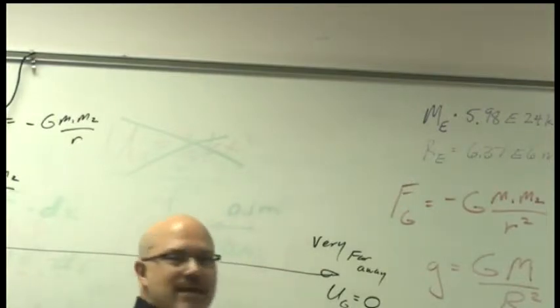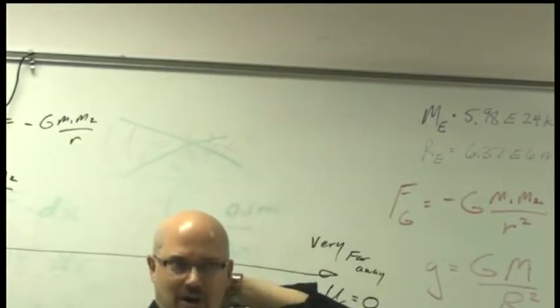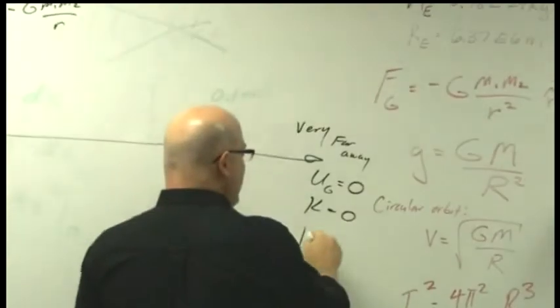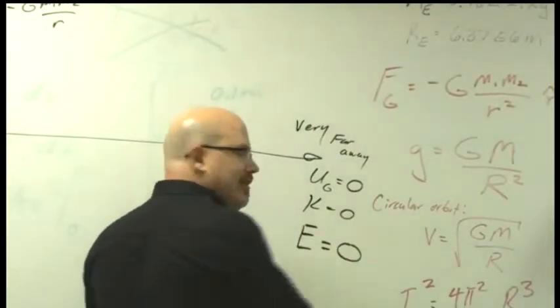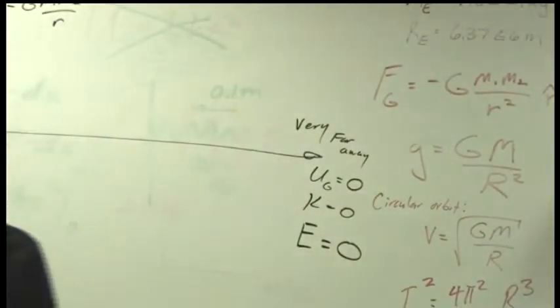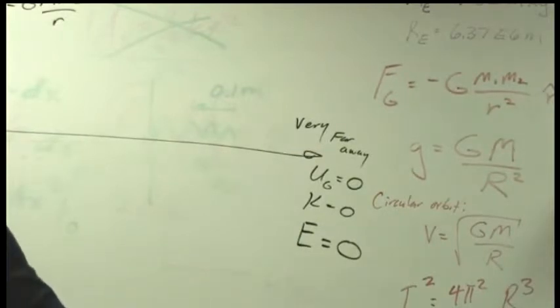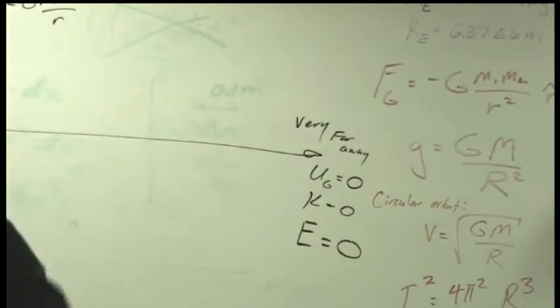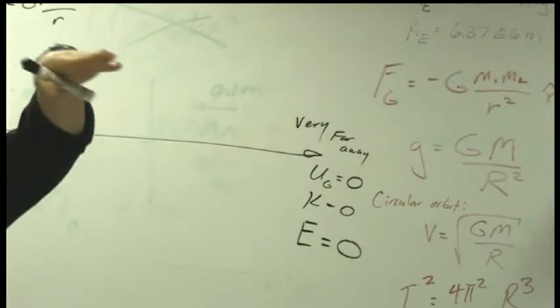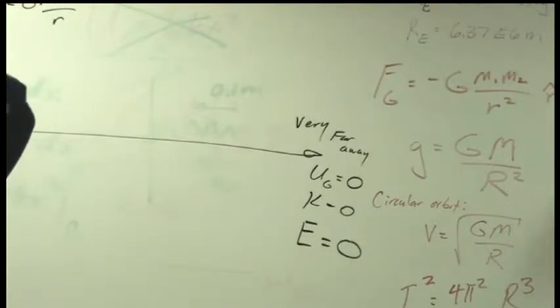That's the minimum energy required for you to get gone. You have to get to zero energy, because you're starting down here, and you want to get to zero. So you have to give yourself this much energy.